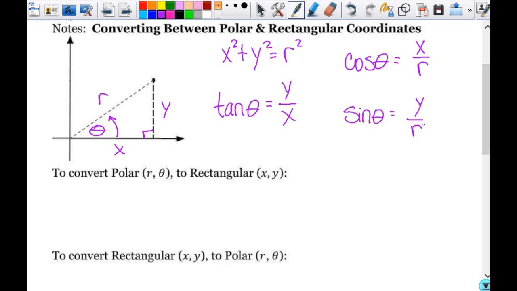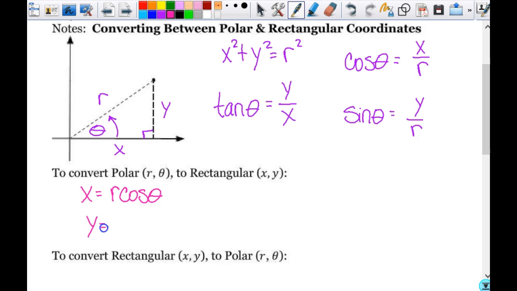If we are given a polar point, which we looked at yesterday, in the form of r comma theta, but we want to change it to a rectangular point in the xy form, then we know that if I have r and theta, I can figure out x. If I take cosine theta equals x over r and solve for x, I multiply both sides by r, so x equals r cosine theta.